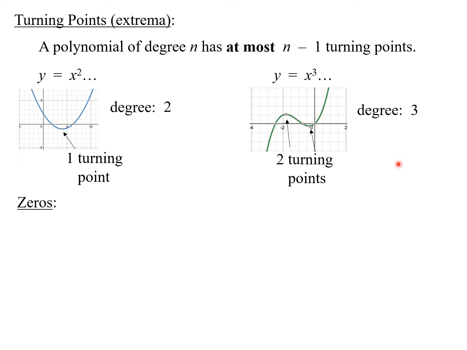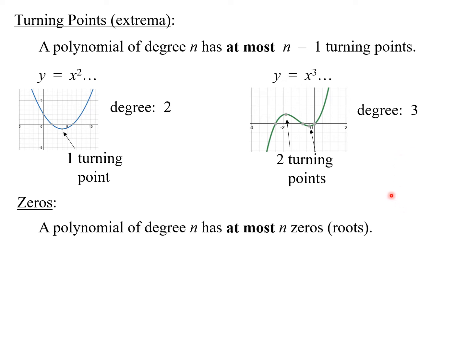Now let's talk about zeros. It can be shown that a polynomial of degree n has at most n zeros, or n real roots. Some roots can be imaginary, so you might think that it has fewer than n roots, but it has at most n real zeros.